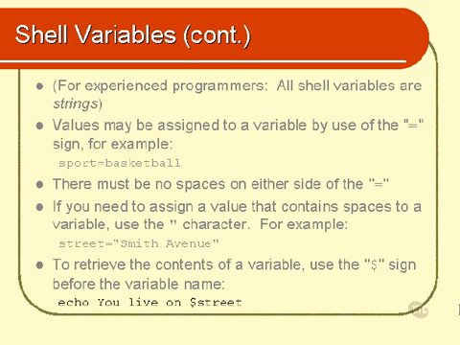Here, using the street example just prior, we can say you live on, and then we put a $ sign, and then we put the name of a variable. Now if Smith Avenue was in the box called street, then what we would see on the screen would be you live on Smith Avenue.